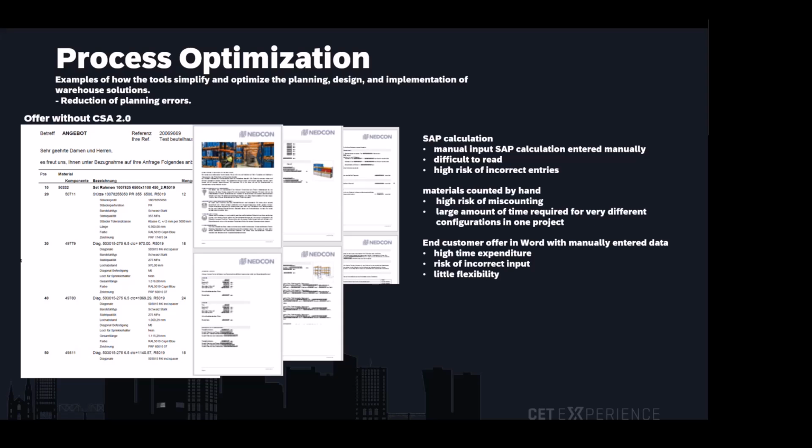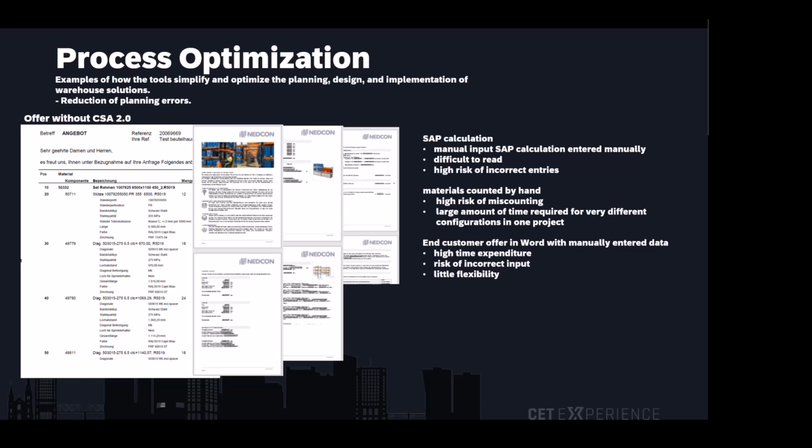And the same thing applies to the output. If we make an offer for the end customer or for a reseller or whatever, we had the problem in the past that we had to make a subcalculation. That means we had to put all the uprights, all the beams, all the other things into SAP manually, and the risk of incorrect entries was very high.